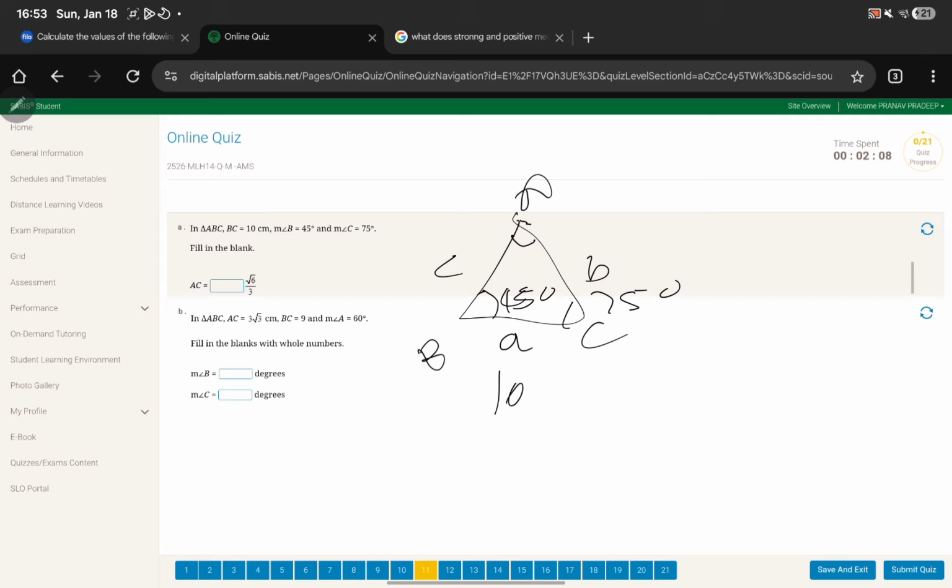Just subtract them from 180. So 180 minus 45 minus 75 will give you 60 degrees here. That's pretty simple. You don't need to overcomplicate anything here.